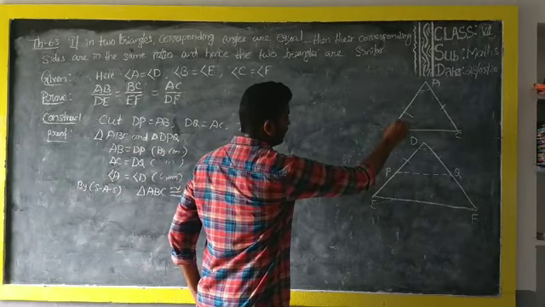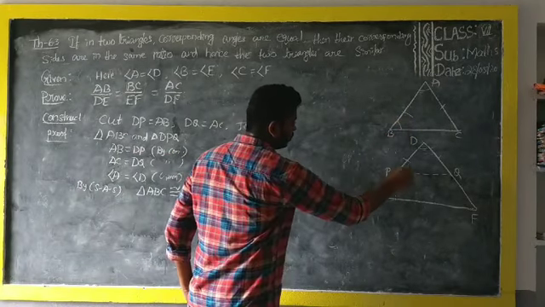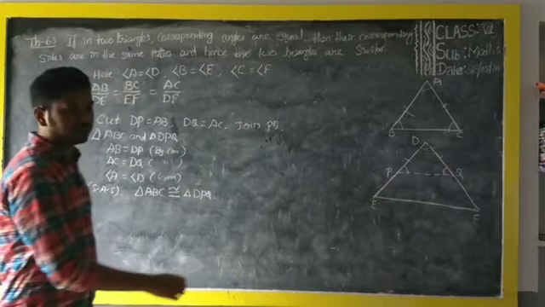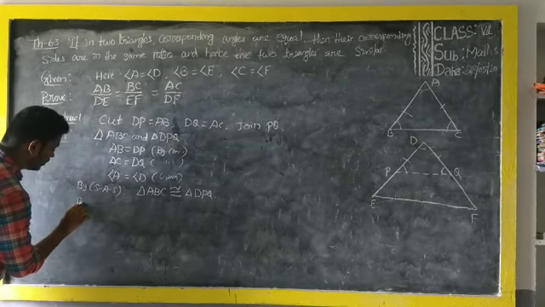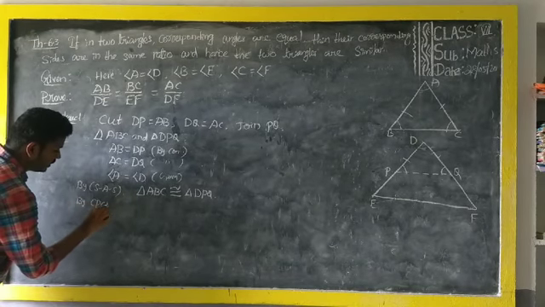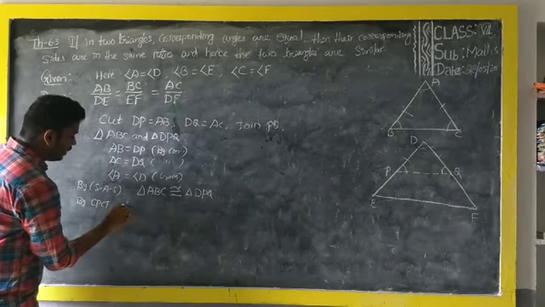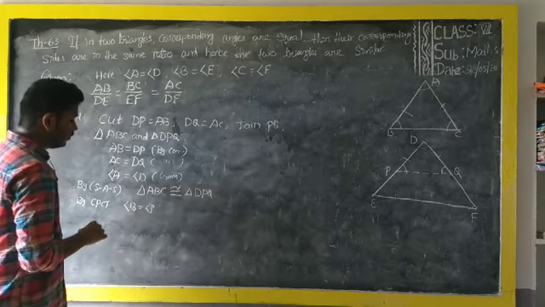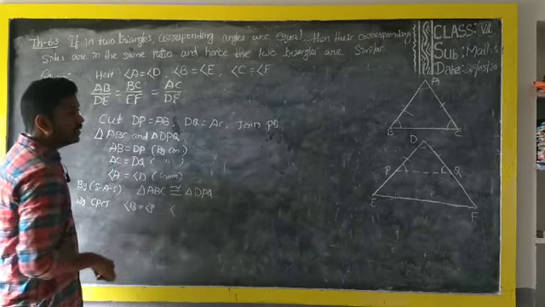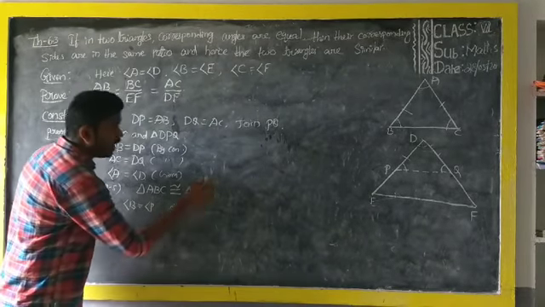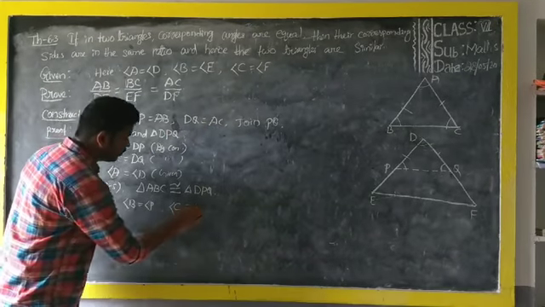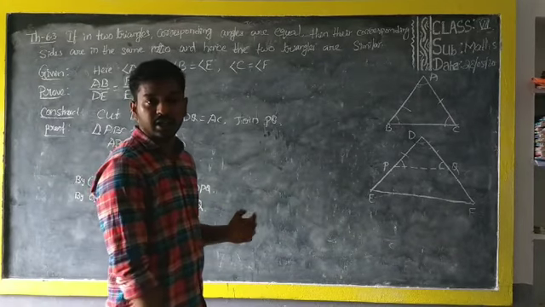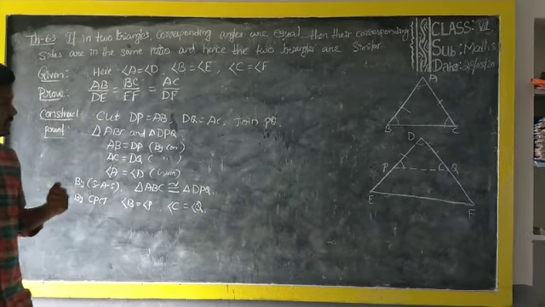If you observe, angle B equals angle P and angle C equals angle Q by CPCT. Okay, angle B equals angle P and angle C equals angle Q by CPCT.